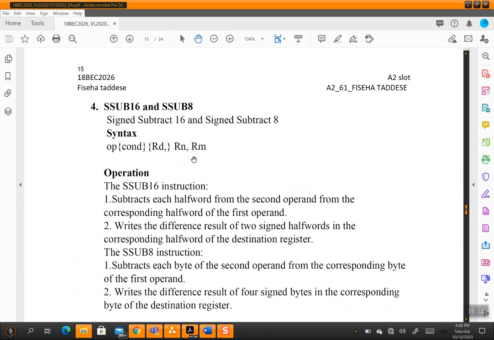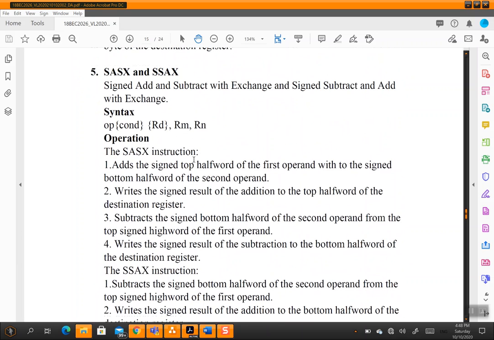Next are SSUB16 and SSUB8, which are used to subtract 16-bit data and 8-bit data, but the data are signed. And next are SASX and SSAX, used for signed add and subtract with exchange and signed subtract and add with exchange.